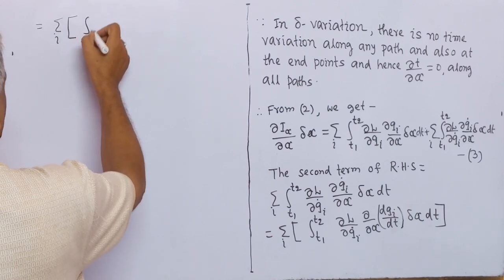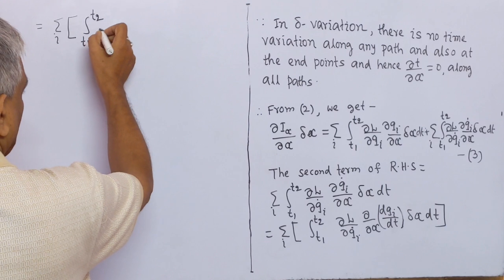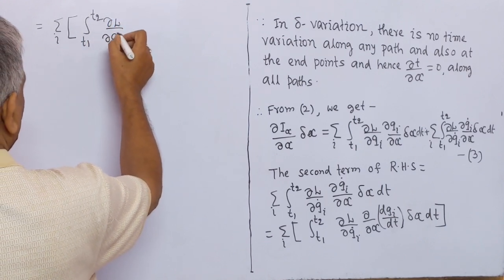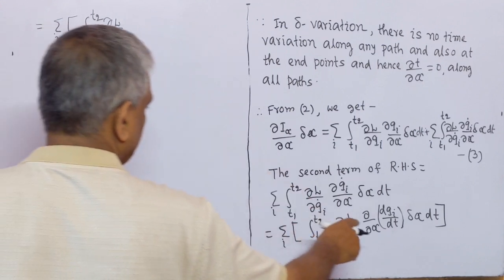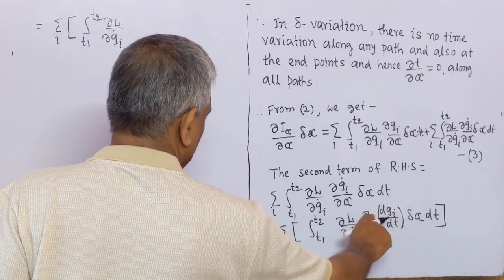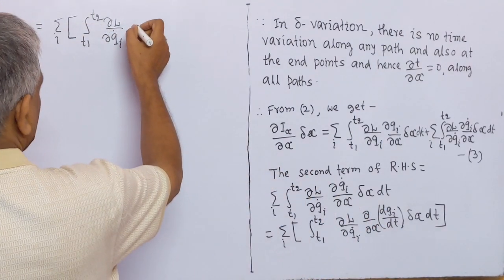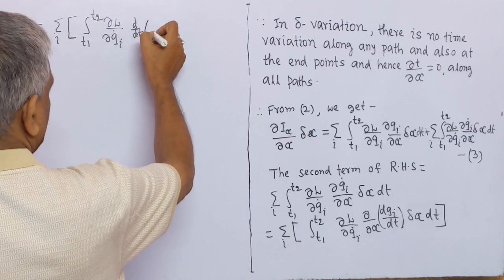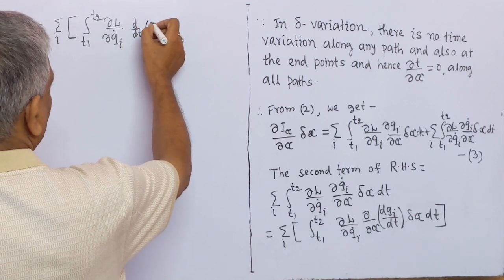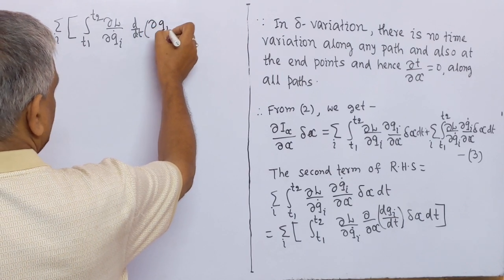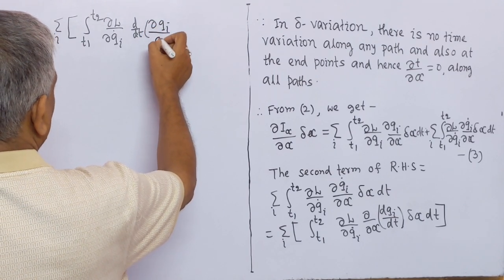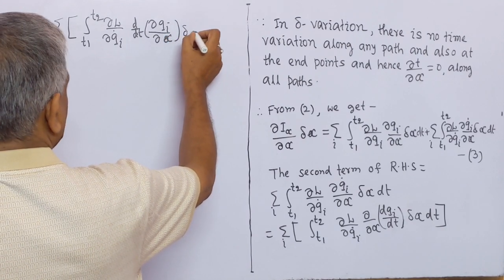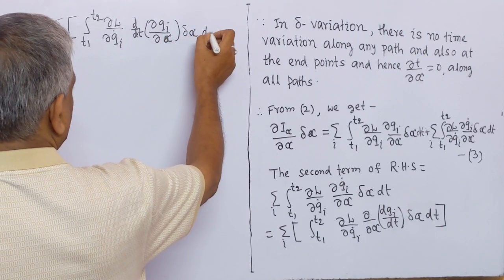We use the commutative law: firstly we write d by dt and inside it the partial derivative of qi with respect to alpha, delta alpha, dt.